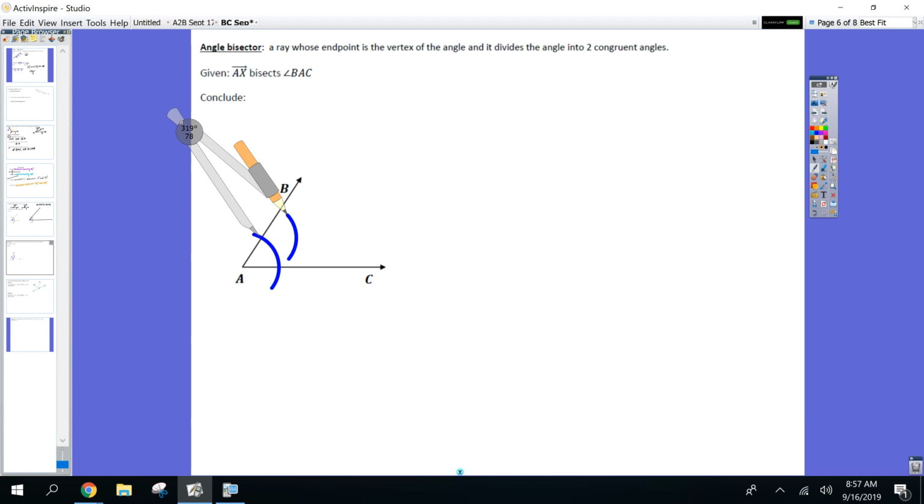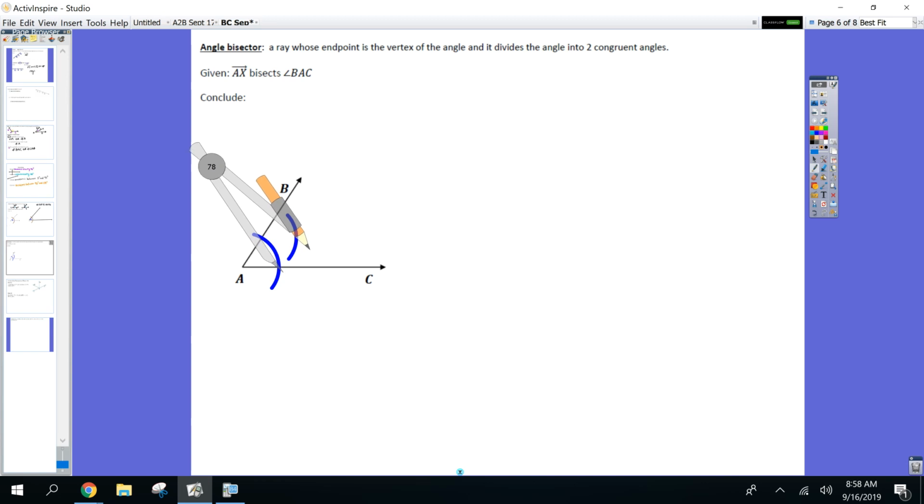And guess where I'm going to go now? The other point of intersection, yep, with the same compass opening. You can keep it the same throughout, that's fine. I'm just saying after the first arc, if you wanted to open or close it a little more, that's fine. But the last two arcs need to be the same opening on your compass.